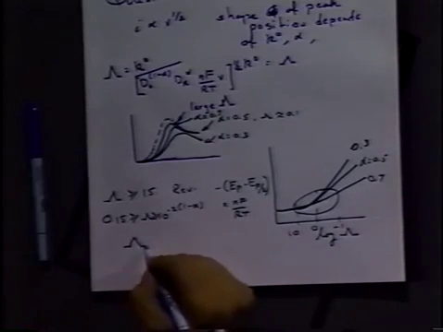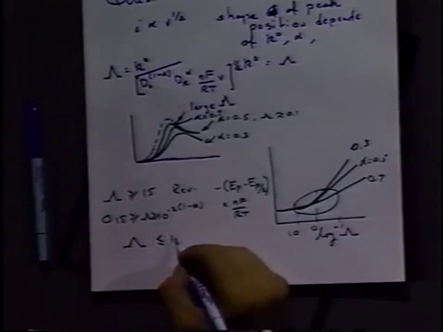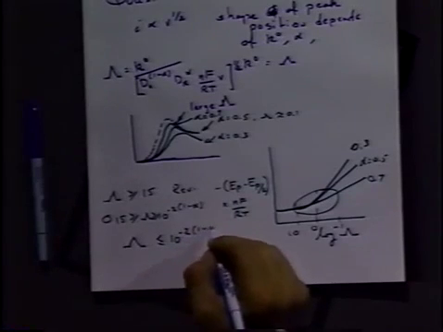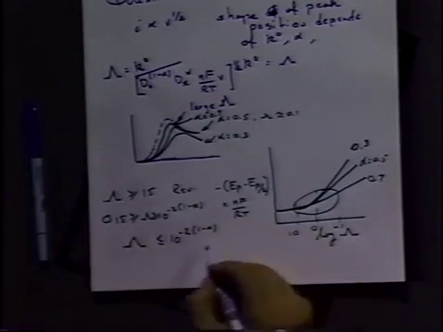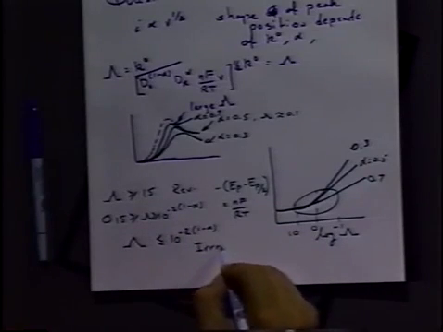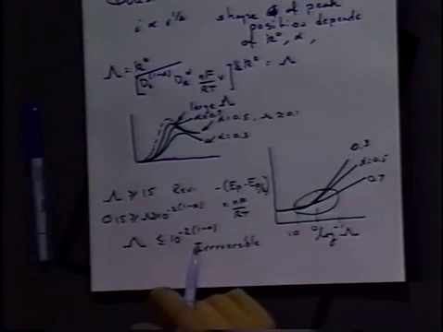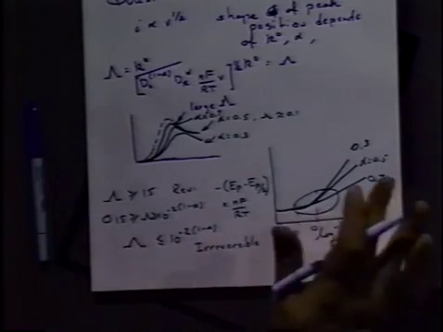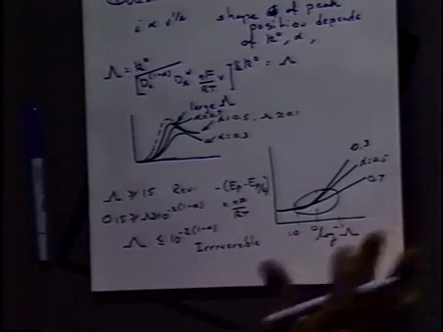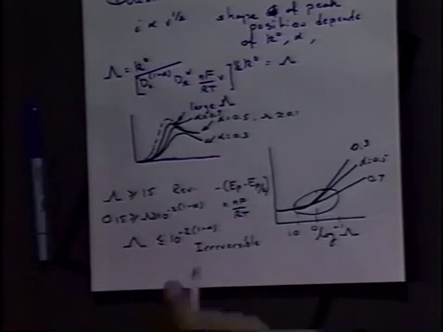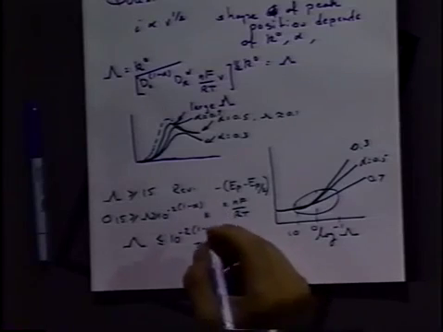Anytime lambda is less than about 10 to the minus 2 times 1 plus alpha, we're talking about irreversible. Those aren't hard and fast numbers, but they're numbers you can use to ask yourself: quasi-reversible, irreversible, or reversible.